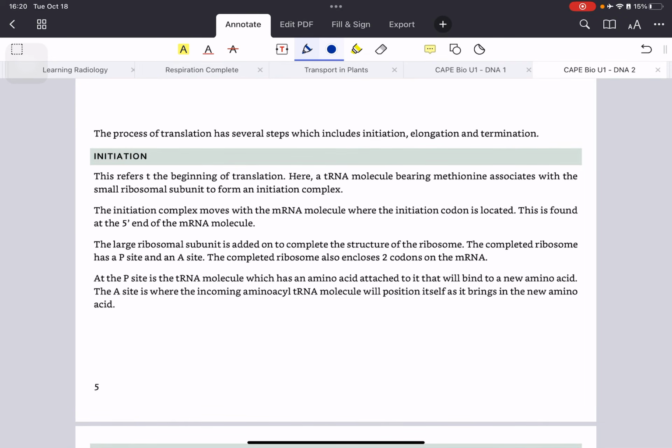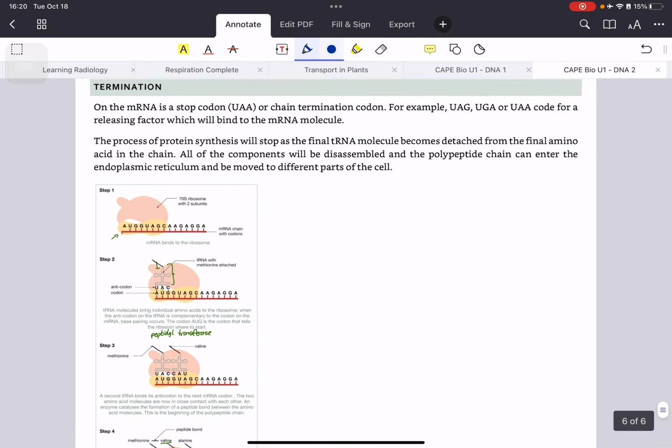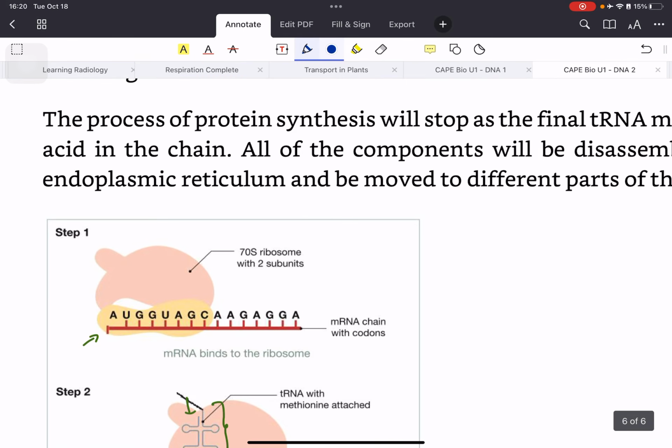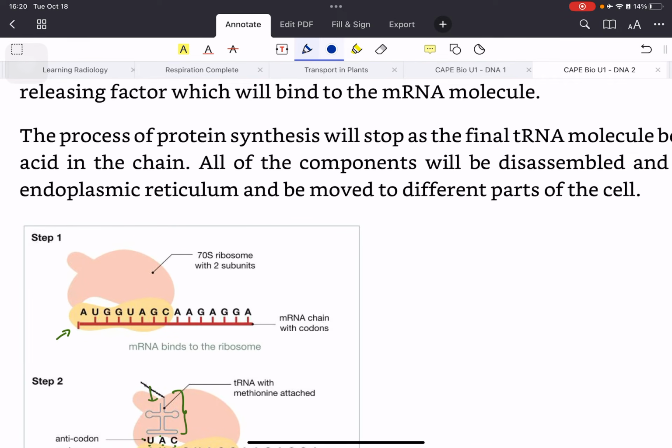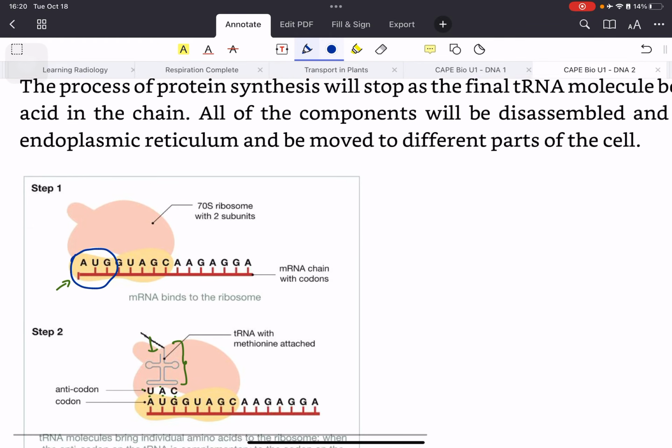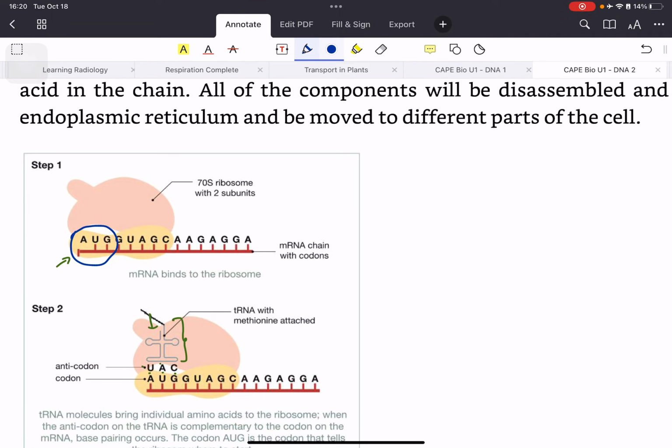Just so you don't get confused, I have the picture here. You can see the large ribosomal unit there, the 70S ribosome, and you can see that our mRNA begins with AUG. So obviously our tRNA is going to bind to that AUG. This is what I mean by complementary base pairing.